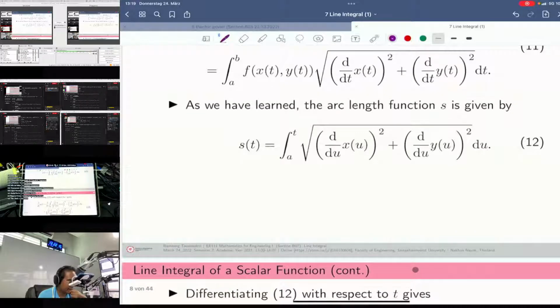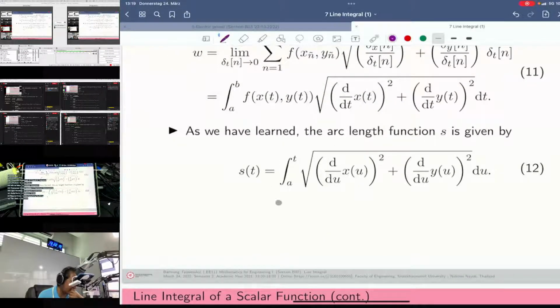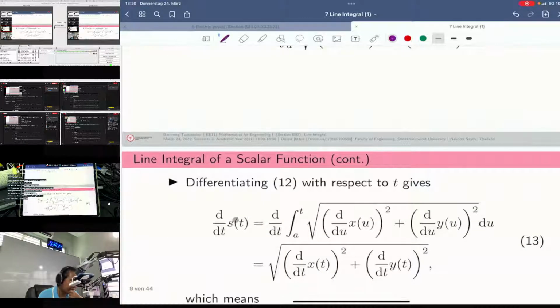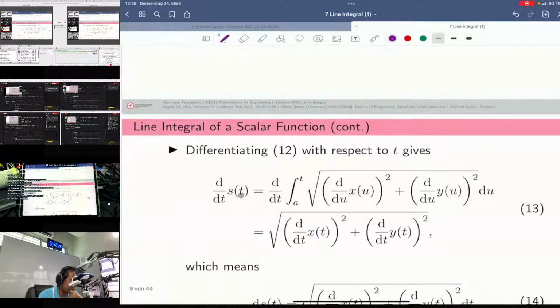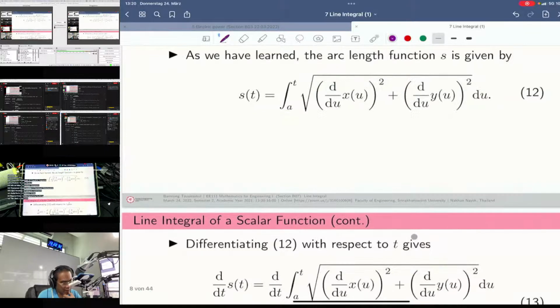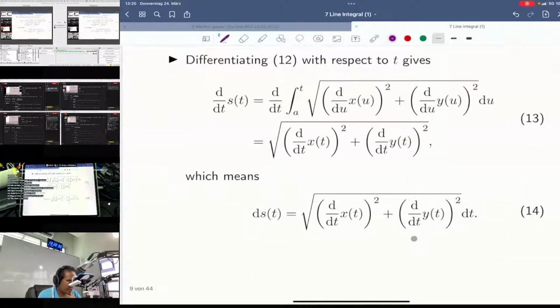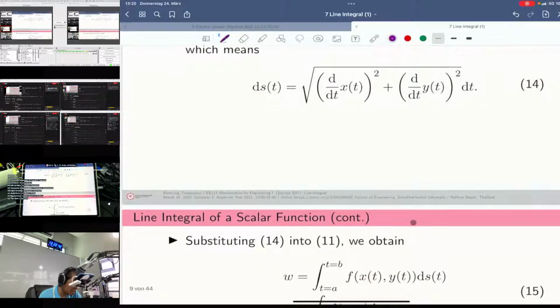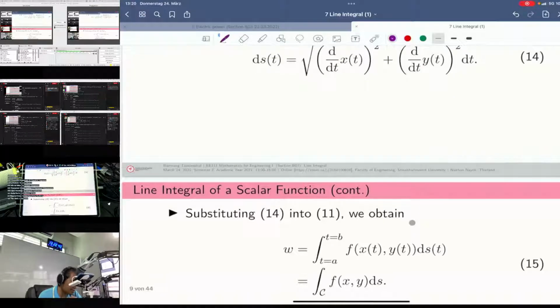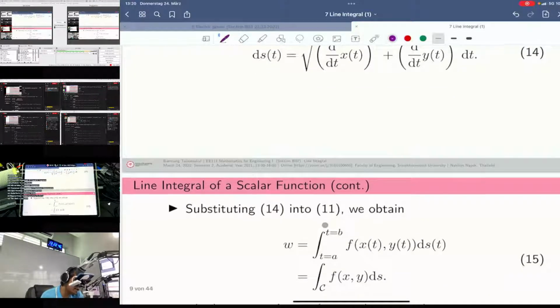And if we differentiate the arc length with respect to t, we're going to have ds by dt equal to the square root of (dx by dt) squared plus (dy by dt) squared. Which means that if we move dt to the right hand side of this equation, we're going to have this term. And we could substitute 14 into 11.